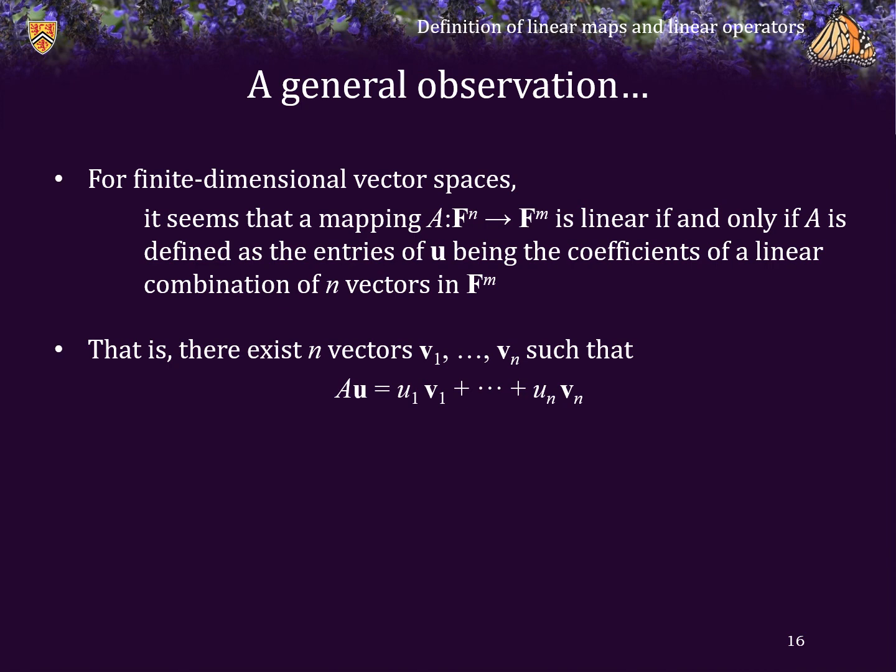That is, there exist n vectors in F to the m such that A applied to u is just this linear combination of the vectors v1 through vn, where the coefficients are the entries of the vector u.